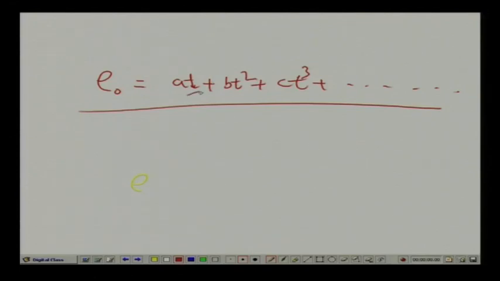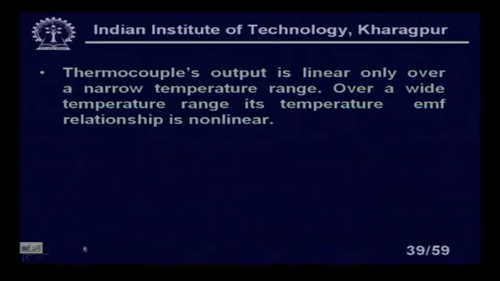So, T is the temperature difference between the two junctions. Sometimes you will find it can be a 7 degree polynomial, okay. Sometimes it can be represented by an 8 degree polynomial. So, it is a highly non-linear device. Only in the case of platinum rhodium platinum thermocouple you will find it can be represented by a 2nd to 3rd degree polynomial.